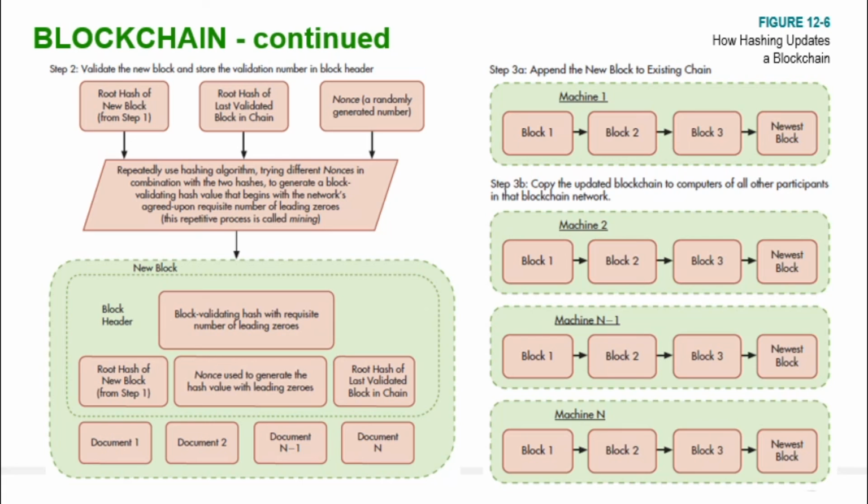Repeatedly using the hash algorithm, trying different nonces in combination with the 2 hashes. So the hashes from the new block and the last validated block are combined to generate a block-validating hash value that begins with the agreed-upon requisite number of leading zeros.